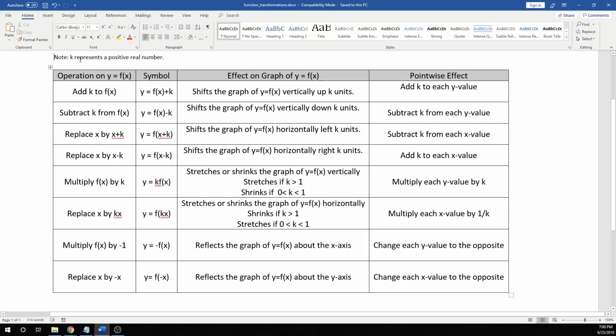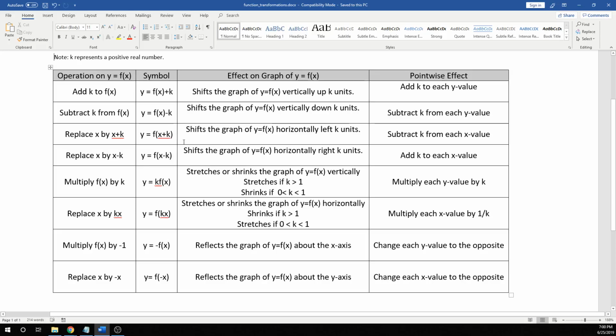In this table, k will represent a positive number. The effect that has is that it shifts the graph of f of x vertically k units. Over here in this column, I have the pointwise effect. So for each point on the graph, it would add k to each y value, and so on and so forth.